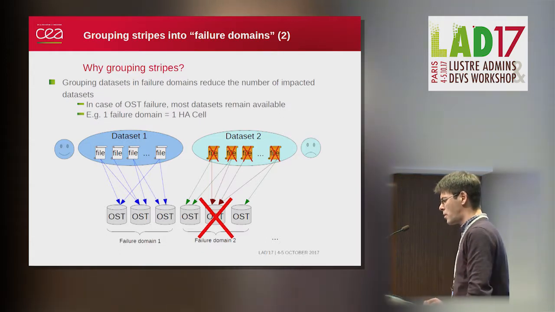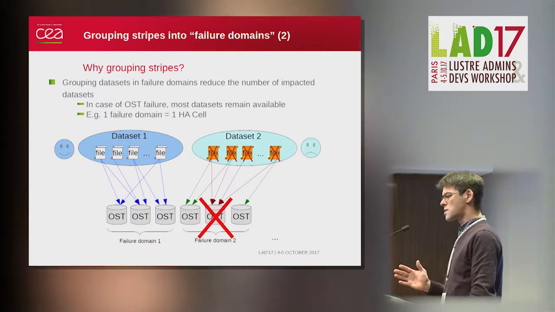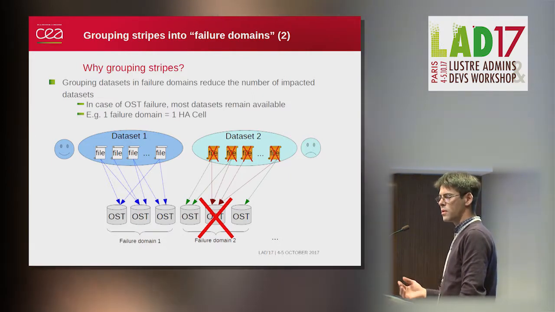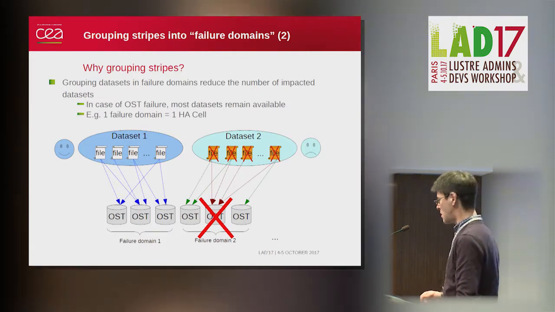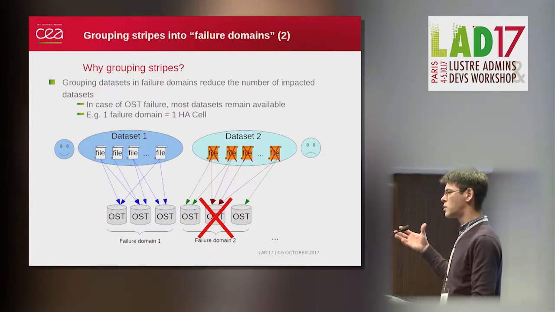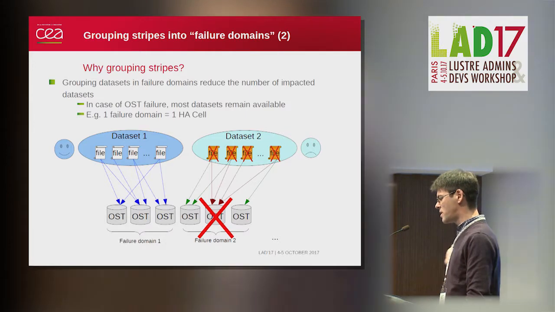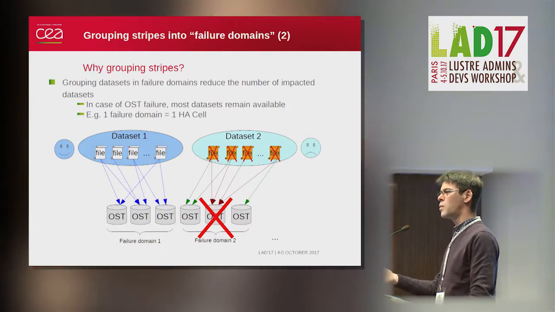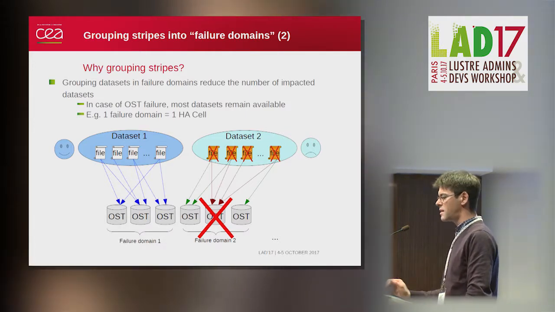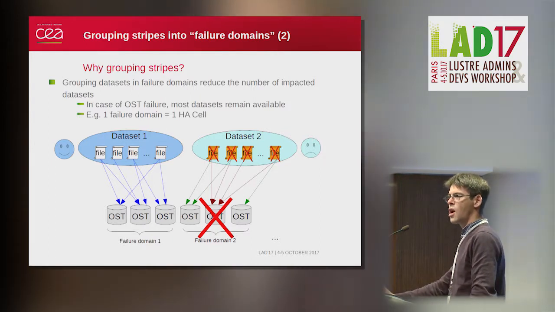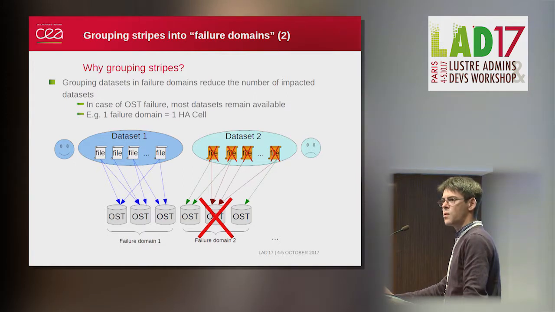If a failure occurs, of course, some datasets will be even more partial or totally unavailable. But here in this example, there are 2 failure domains. If you imagine 10 failure domains here, only 1/10 of the datasets will be unavailable, and most of the data remains fully available.